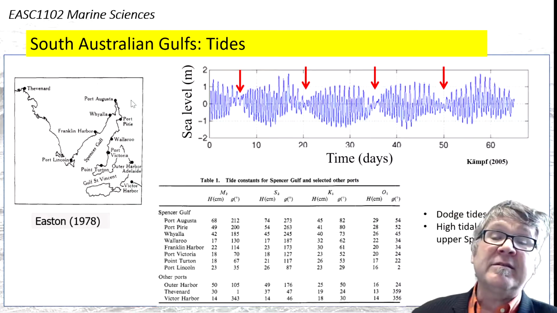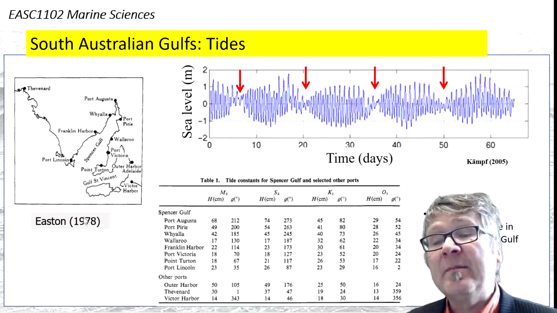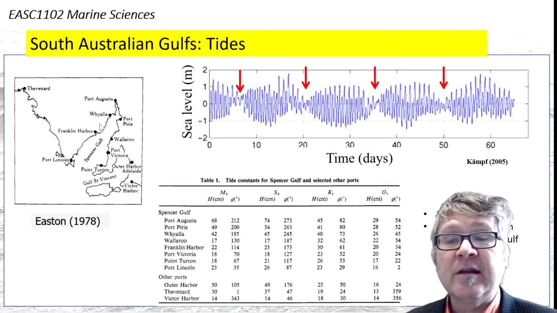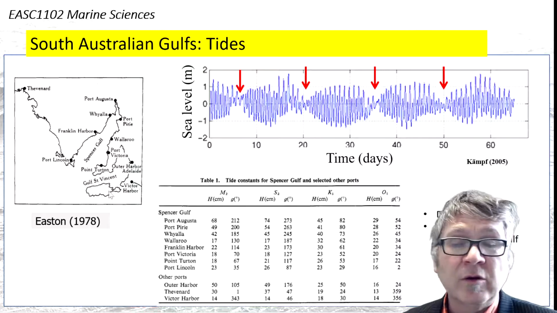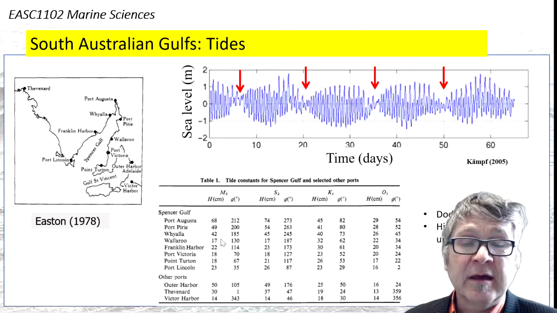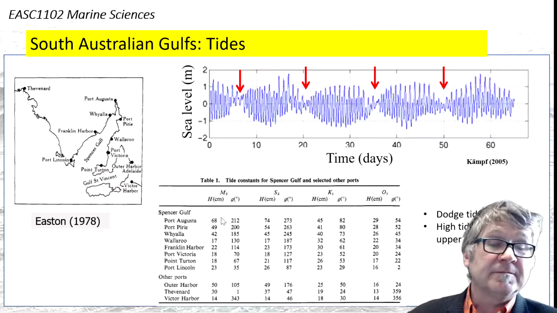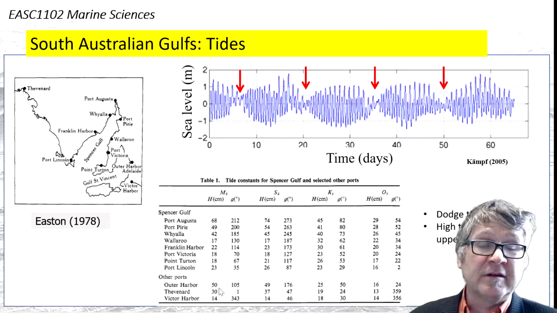And now you can see different locations in this map. Port Lincoln, Franklin Harbor, Whyalla, Port Augusta, Port Pirie, Wallaroo, and so on, and also including the outer harbor. Okay, and you can see the amplitudes. Okay, the amplitudes of the tides.